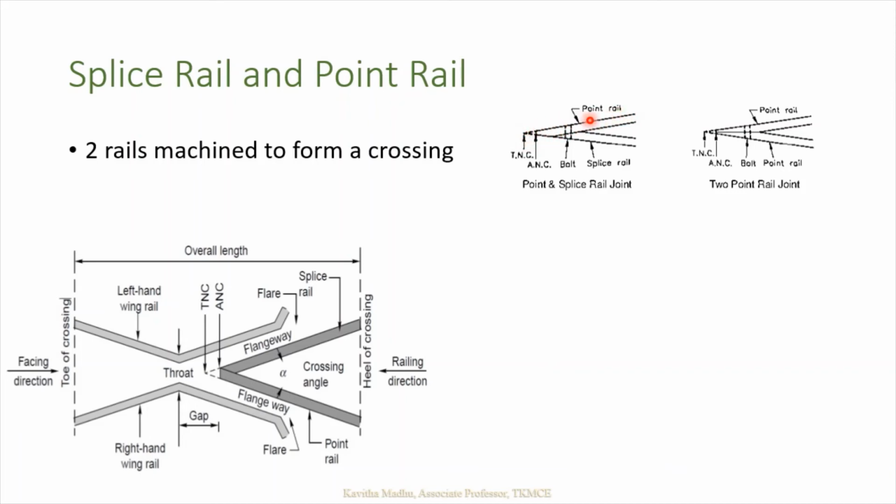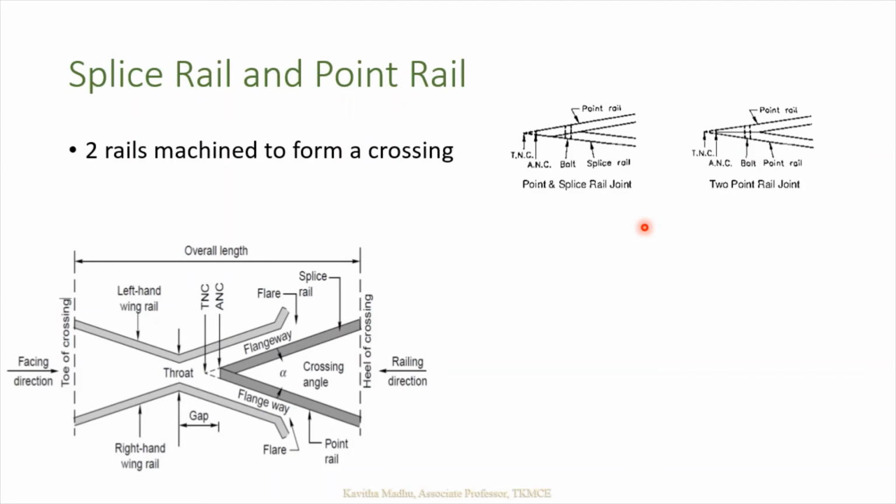So this becomes a point rail to which another rail is attached, which becomes a splice rail. Whereas in the second arrangement, both these rails become point rails because these two form a joint at the center which creates the nose of the crossing. So these two are known as point rails in the second arrangement.